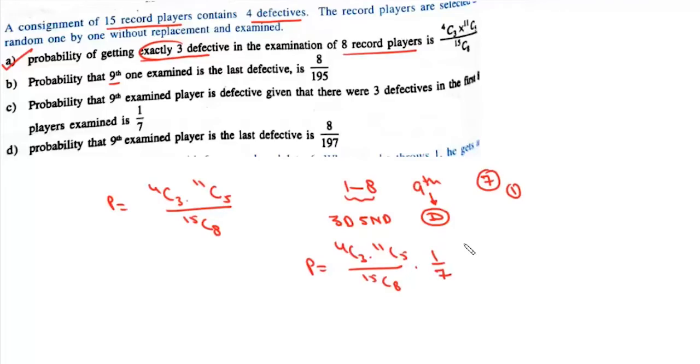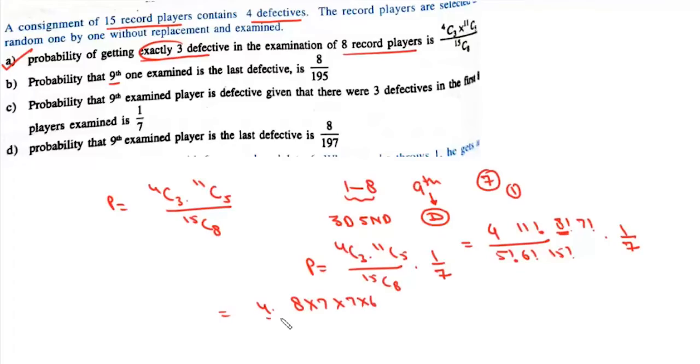Now we need to simplify this. Now 4C3 is simply 4. Now this is factorial 11, factorial 5, factorial 6, and this is factorial 15, factorial 8, factorial 7, into 1 by 7. Now this is 4. Now this 8 we can write as 8 into 7, we'll cancel it with factorial 6, and 7 we'll write as 7 into 6.